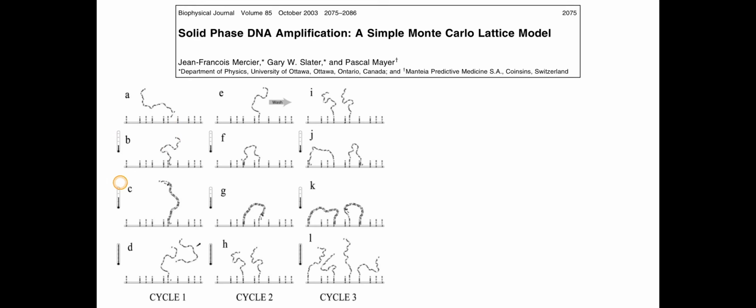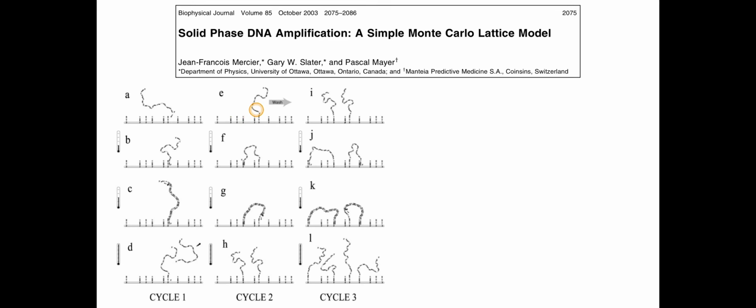The thermometer here represents your PCR cycling temperatures. You cool down the reaction to get annealing, you raise the temperature to get extension along the template, and then you raise it yet again to denature this duplex and get rid of your non-linked molecule.